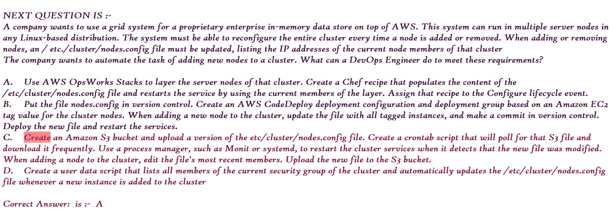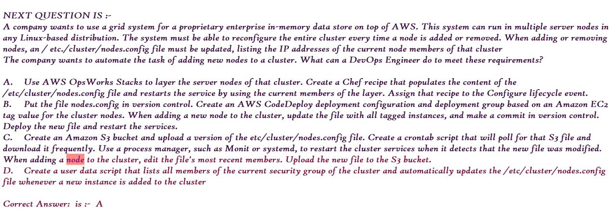C. Create an Amazon S3 bucket and upload a version of the /etc/cluster/nodes.config file. Create a crontab script that will poll for that S3 file and download it frequently. Use a process manager, such as Monit or systemd, to restart the cluster services when it detects that the new file was modified.